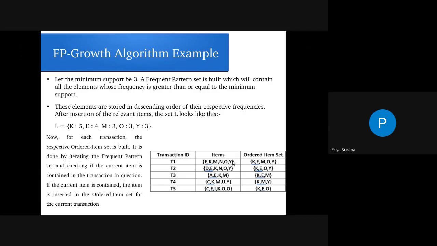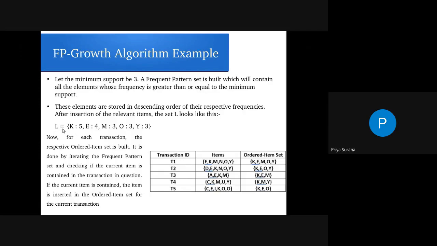One more point here: the order will be written in the same manner which we have taken for list L. So the same order will be considered. Same way, if you check T2, from these atoms, which will be considered? Those in the L list.